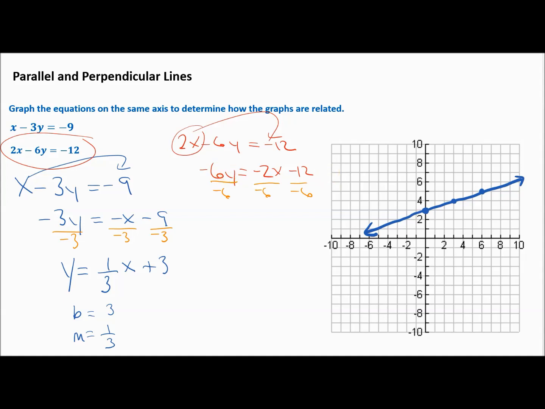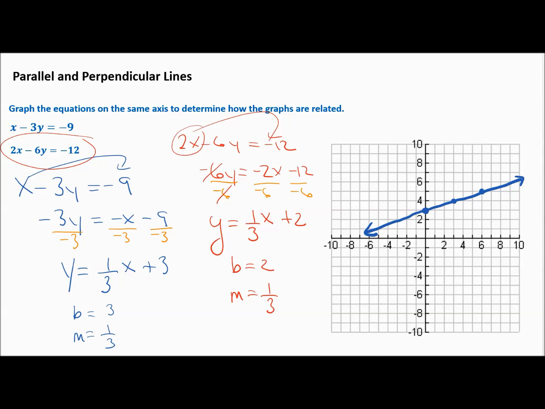The -6 cancels. So I have y equals -2 divided by -6 is a positive 1/3, when I reduce that fraction to the lowest terms, and -12 divided by -6 gives me +2. Okay, so in this case, my b is 2, and my slope is 1/3.